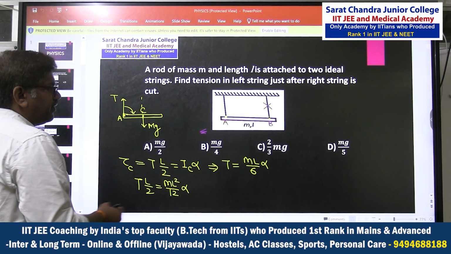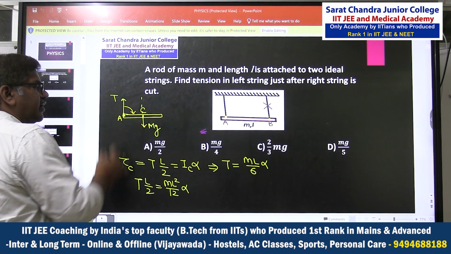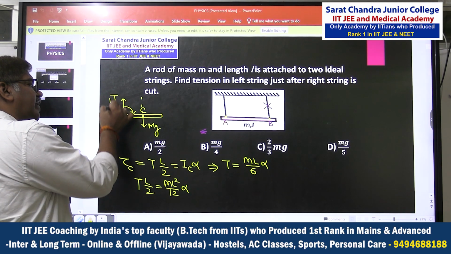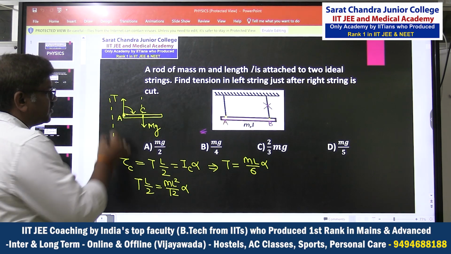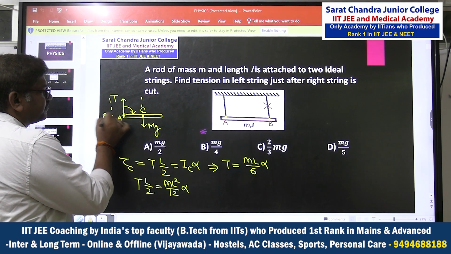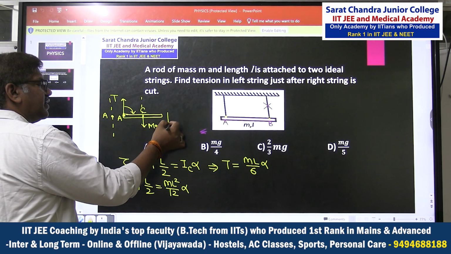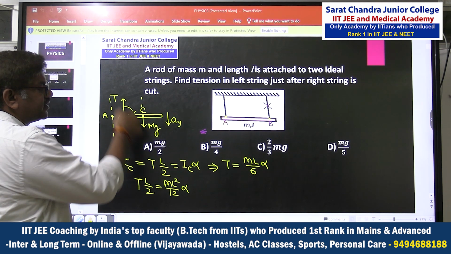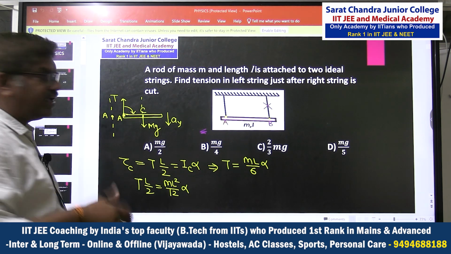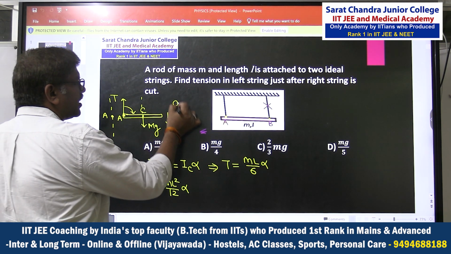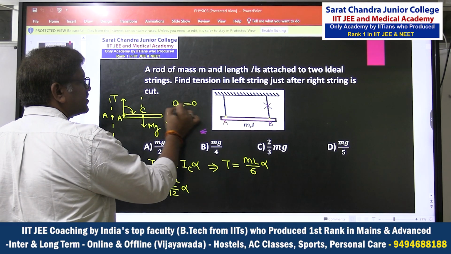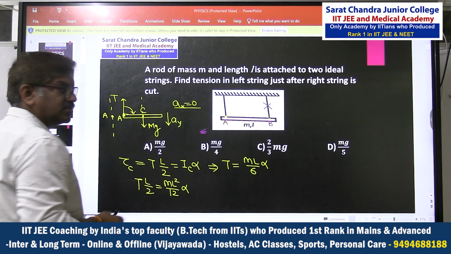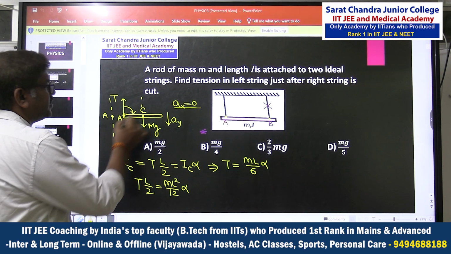Now also when we make the constraint relation about A, you see that the motion of A cannot be in the horizontal direction. If this rod is having the vertical acceleration Ay, why only in the vertical direction? Because the net force on this rod is only in the vertical direction. So clearly at this instant your Ax is 0. That means this rod is having acceleration in the Ay direction.